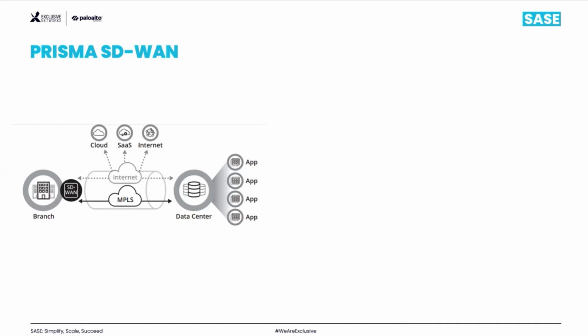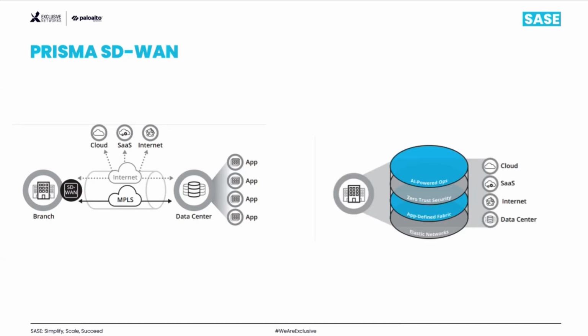or between multiple branches. Now, Palo Alto made an acquisition, CloudGenix, a couple of years ago. CloudGenix is or was a vendor that was specialized in SD-WAN and a leader in the MQ quadrant. And Palo Alto created its own technology, Prisma SD-WAN, which is also known as an intelligent layer 7 SD-WAN solution.